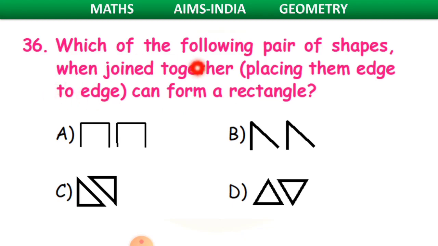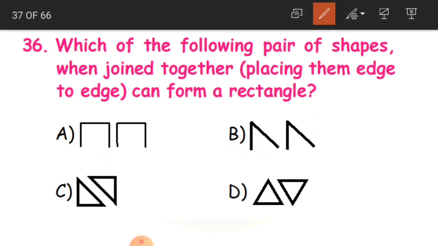Question 36. Which of the following pairs of shapes when joined together, placing them edge to edge, can form a rectangle? So we have to join the given pair of shapes together so that they form a rectangle.